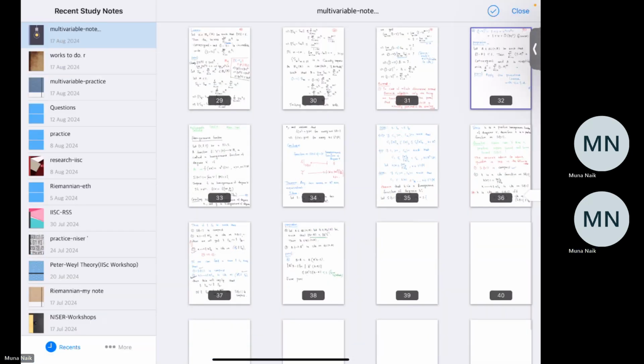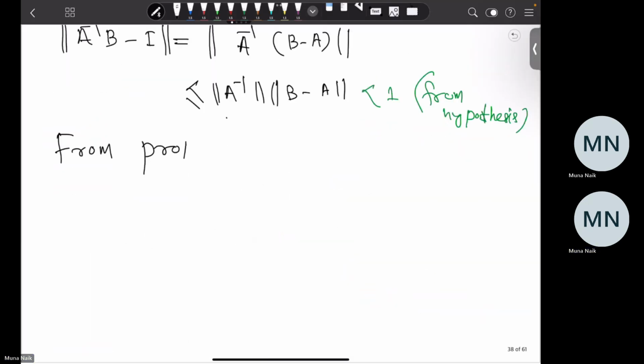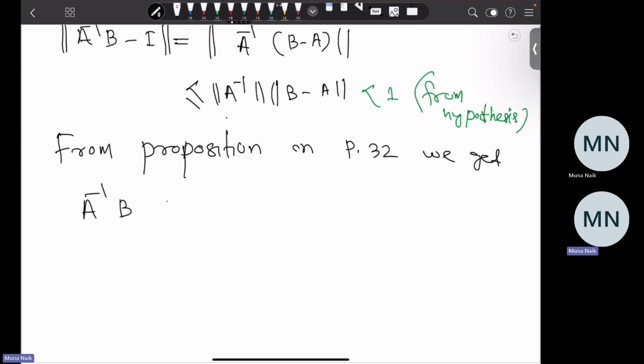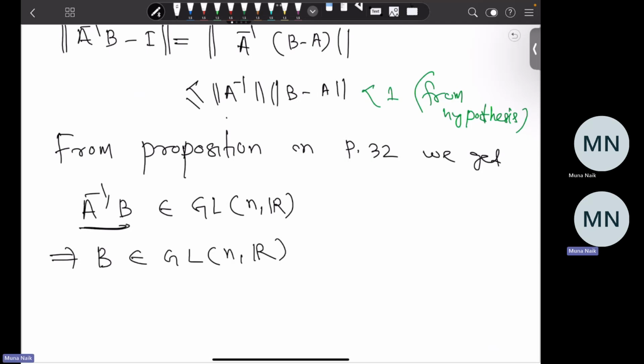So from the proposition on page 32, we get that A inverse B belongs to GLn(R). Now, A inverse is an invertible matrix, so since A inverse is invertible, this will imply that B belongs to GLn(R). This is clear.